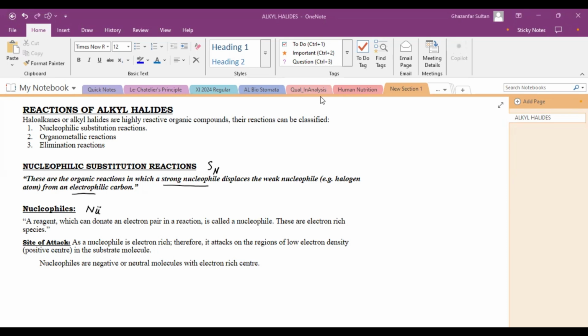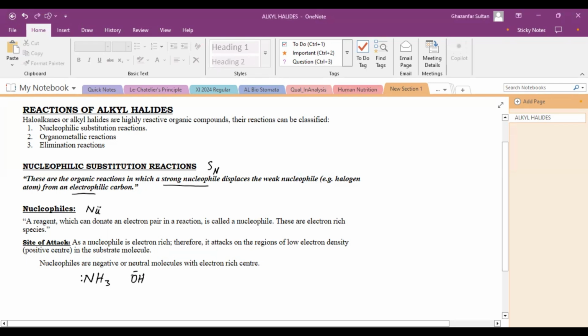And remember that nucleophiles are negative or neutral molecules with an electron-rich center. Ammonia is a neutral molecule, but it acts as a nucleophile because it has a lone pair. Similarly, hydroxide is a nucleophile, with a negative charge, and it also has a lone pair.